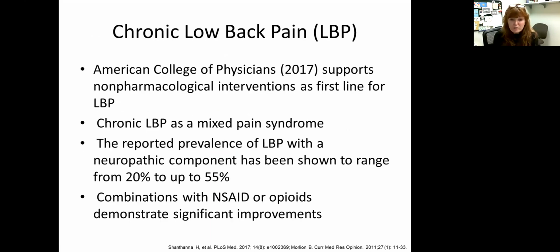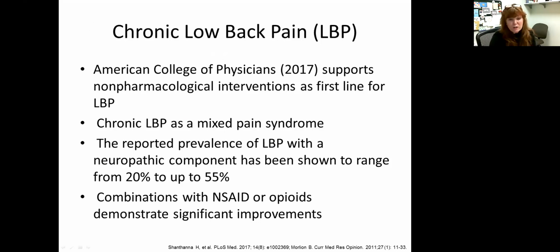The other thing, when we talk about multimodal, so a multimodal approach as to what kind of modalities we're going to use, but also when we're looking pharmacologically at pain management, lower back pain being an example, there actually is, for some patients, a very significant neuropathic component to it.